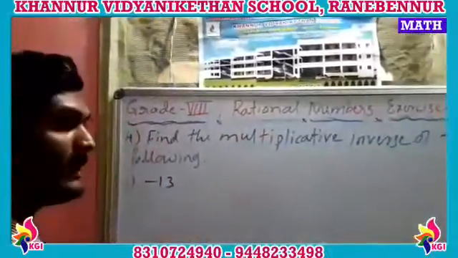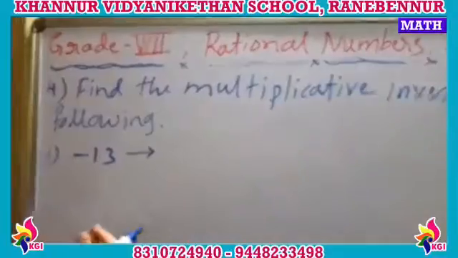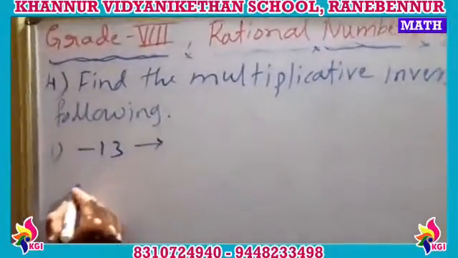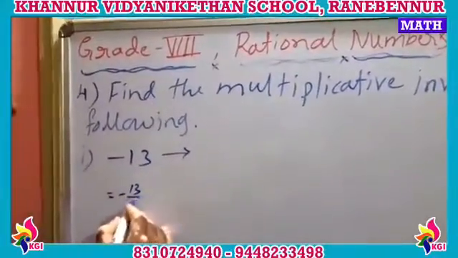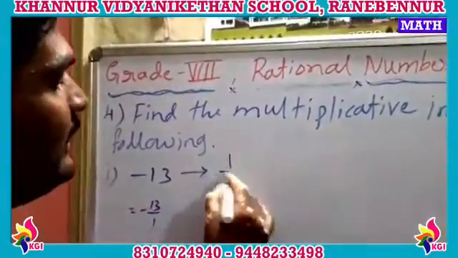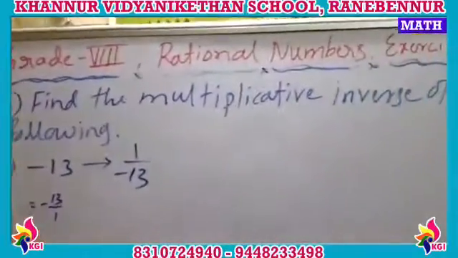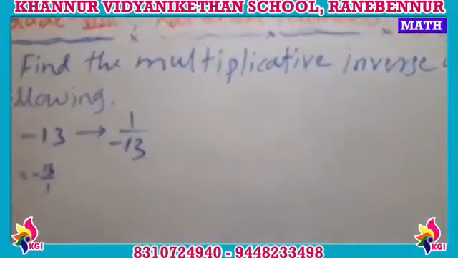The first question is minus 13. Is any denominator mentioned? No. So this is minus 13 divided by 1, correct? Its multiplicative inverse will be 1 divided by minus 13. Don't change the sign for that.